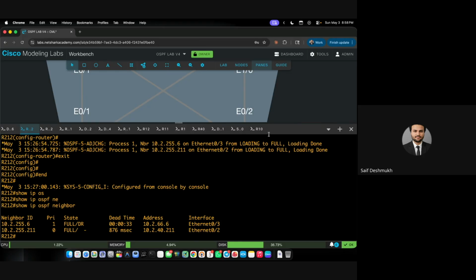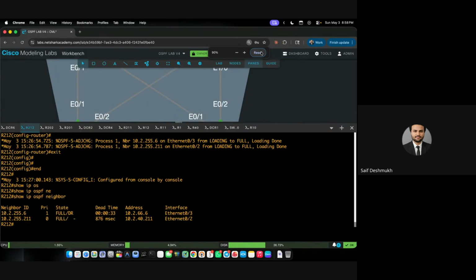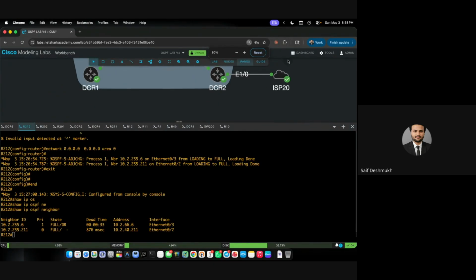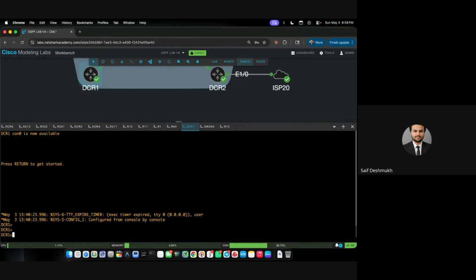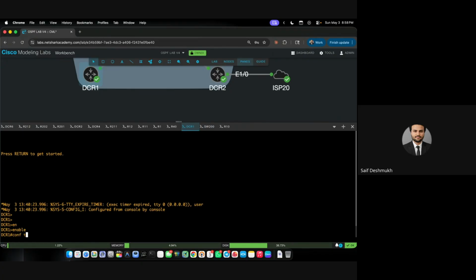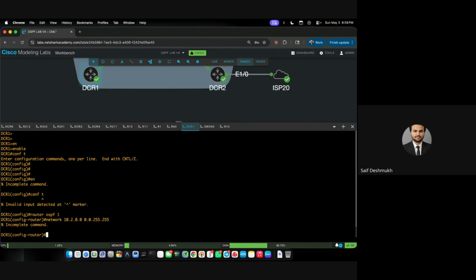I'm not able to see the interface names here. Okay, I'm going to go to DC router 1 first. So 4 routers outwards, 4 routers inwards.